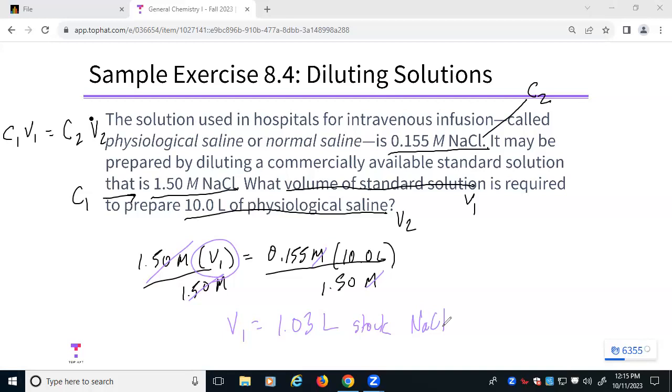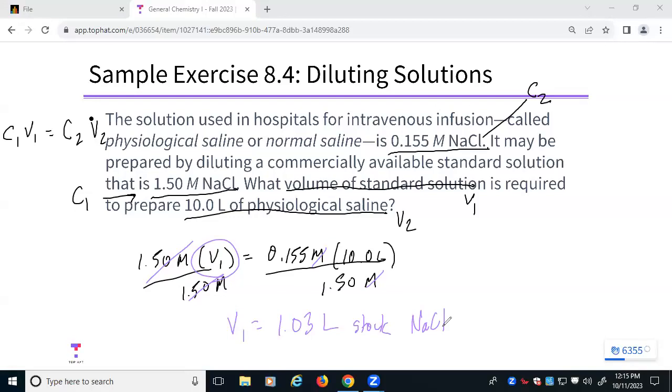So how would I go about making this particular amount? Well, I would need to go to my standard solution, measure out my 1.03 liters of that stock using a graduated cylinder or some other kind. And then I would dilute that up to 10 liters using a volumetric flask or a really, really large graduated cylinder or something similar.